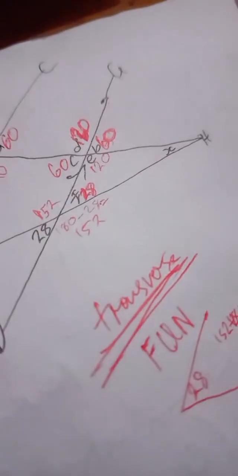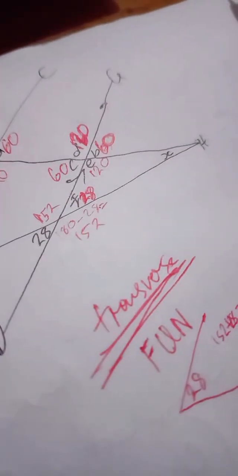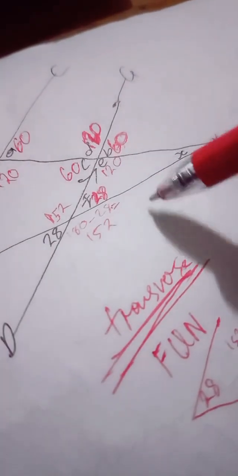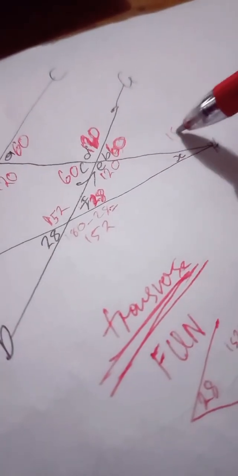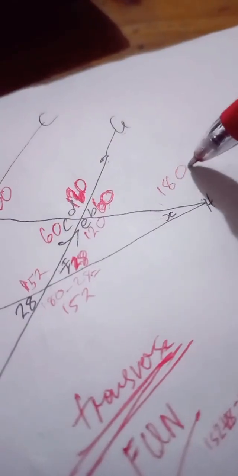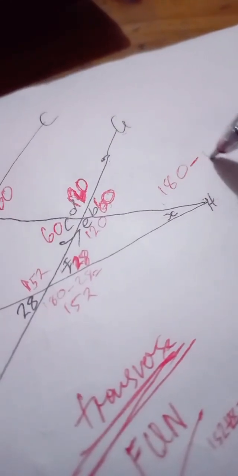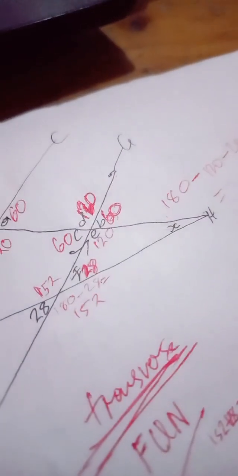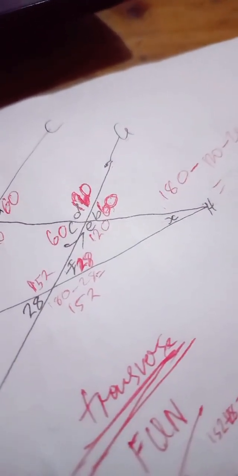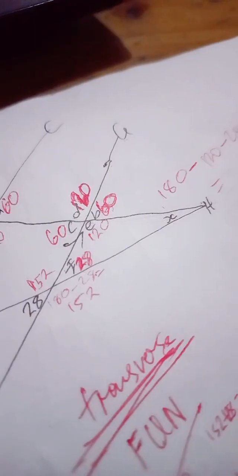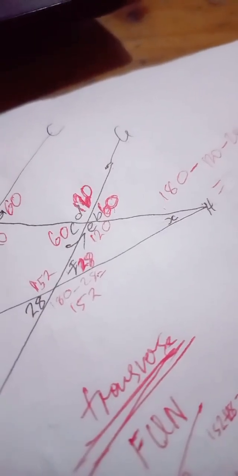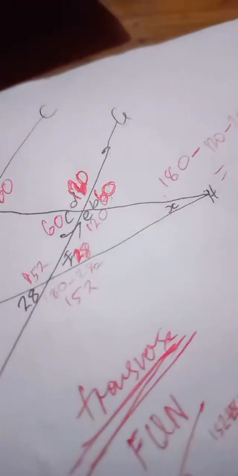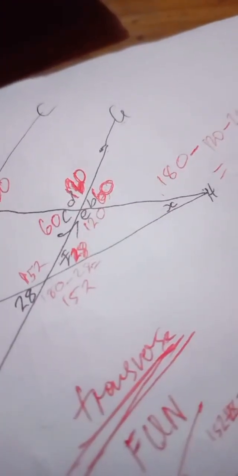Right? X is 32. Okay, let's see. So this is a triangle. In a triangle, you are going to say 180 minus 120 minus 28, to get the third angle. Which is, it's not 32?